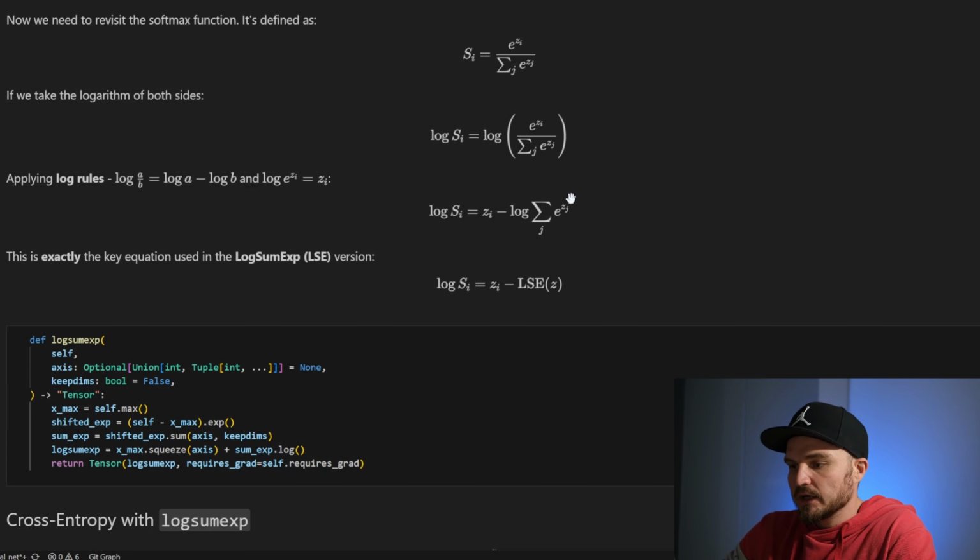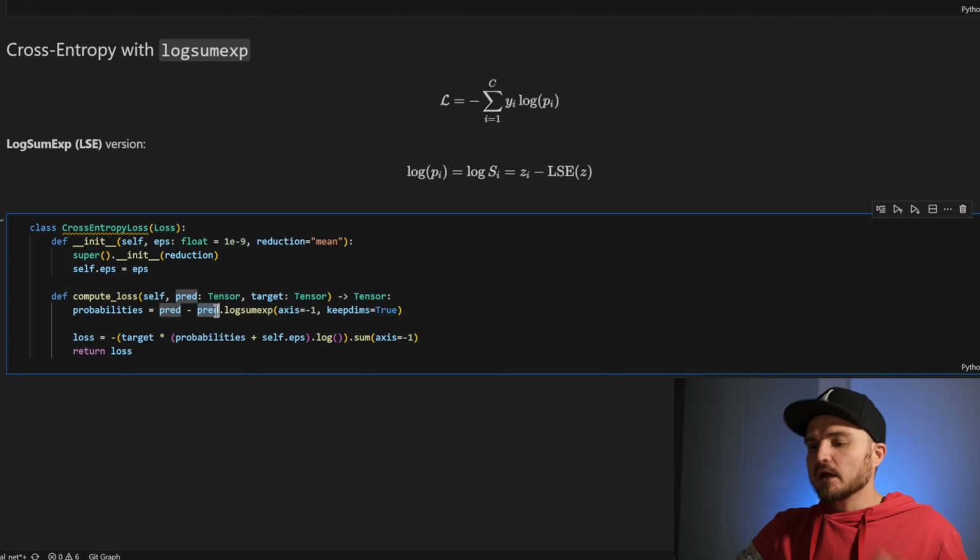Let's replace these probabilities. We can replace them with the predicted, because the predicted is our logits minus the log-sum-exp, and you can see we need to call the log-sum-exp along the axis -1, and we need to use keep dimensions true, because we need to preserve the dimensionality of the logits.